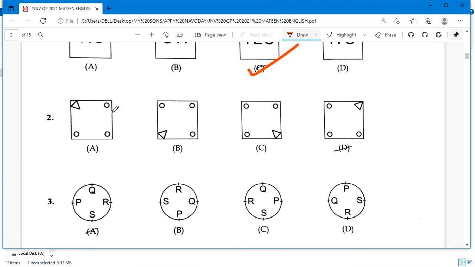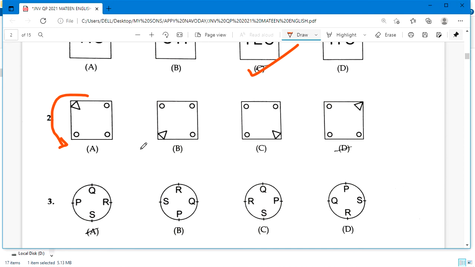In this figure, in the square, at the 4 corners 3 circles are there and also 1 triangle is there. So just observe how the triangle is moving. It's moving anti-clockwise.